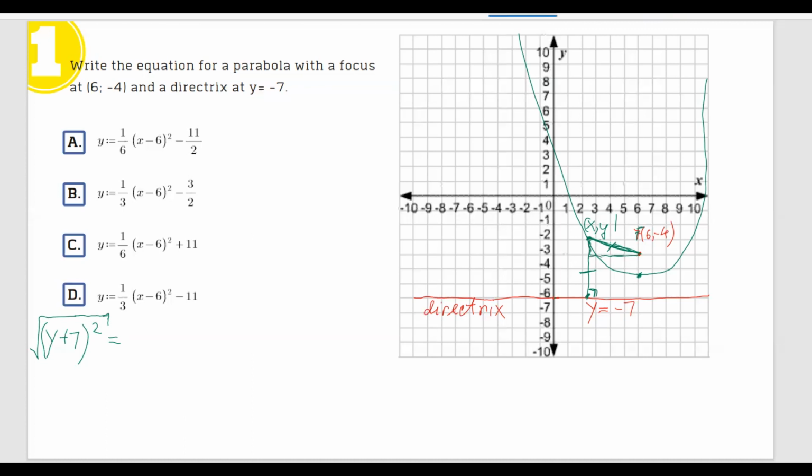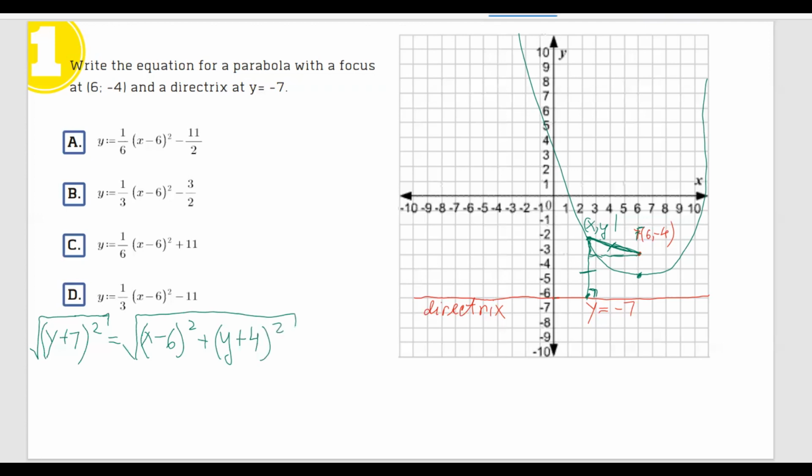And now this distance over here is just the Pythagoras theorem. So we have the square root of (x minus 6) squared plus (y plus 4) squared, because it is y minus minus 4, so it's y plus 4 squared.